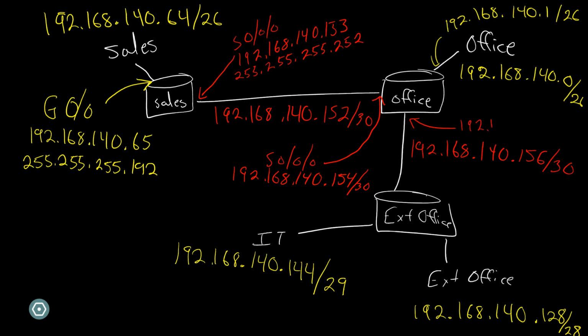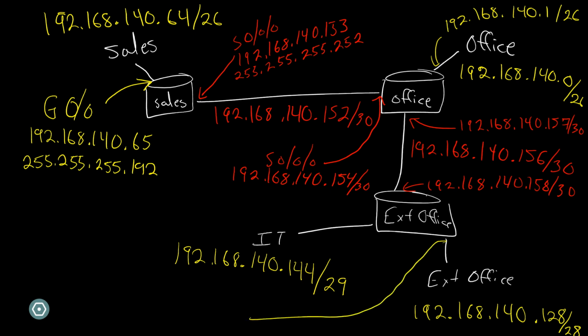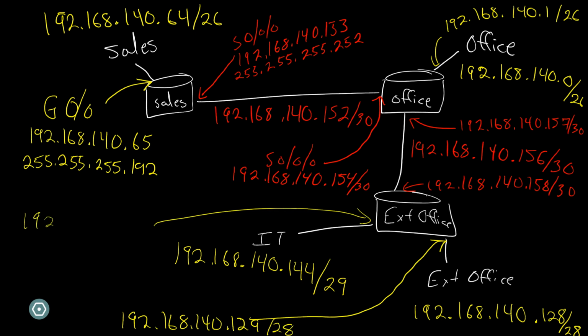So 192.168.140.157/30 and 192.168.140.158/30. And then down here, we're looking at exterior office. I'm going to have to get a little creative with my spacing here. So let's say this one would be 192.168.140.129/28. And this very last one, the IT default gateway, would be 192.168.140.145/29.